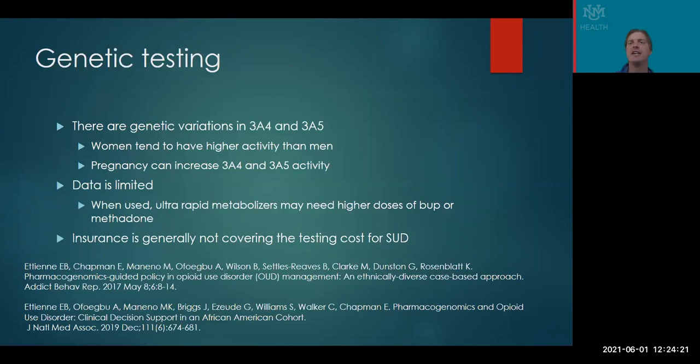So as far as genetic testing, when I did my med tox fellowship, I thought we would see a lot on genetic testing and drug metabolism, and we would be really leaning on the pharmacists and others to give some different dosing guidelines based on the amount of genetic activity. Fortunately or unfortunately, depending on how you look, that hasn't really panned out.